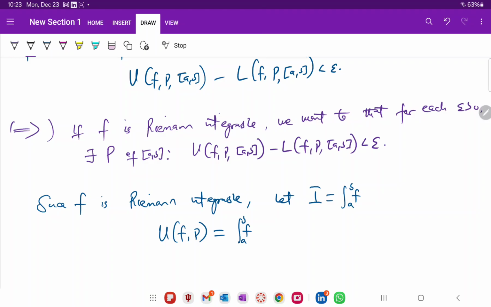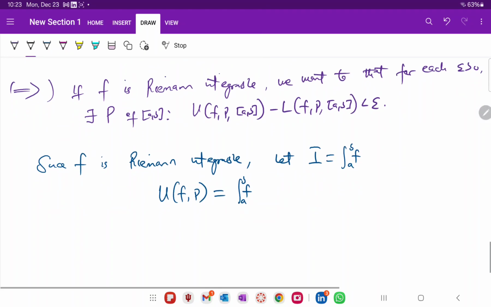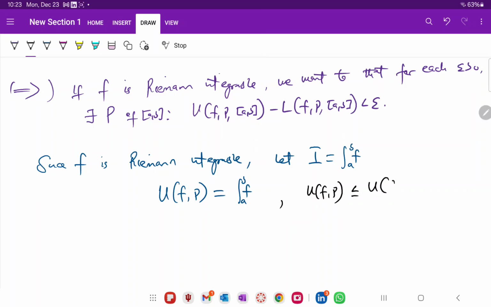And also note, we have this fact, by the properties of supremum. Take note of this fact: the upper Riemann integral is less than the upper Riemann sum. Why?